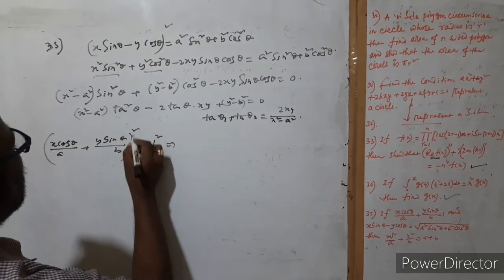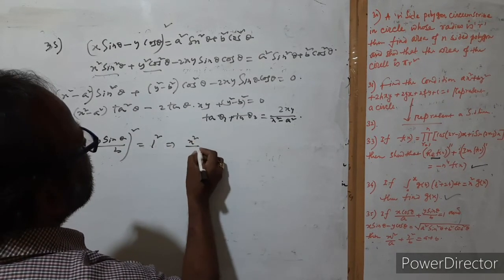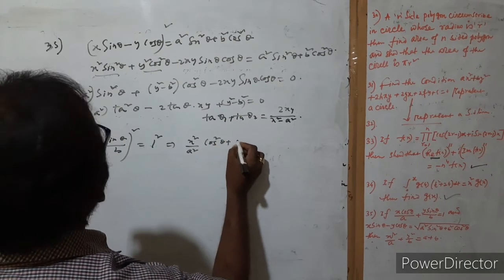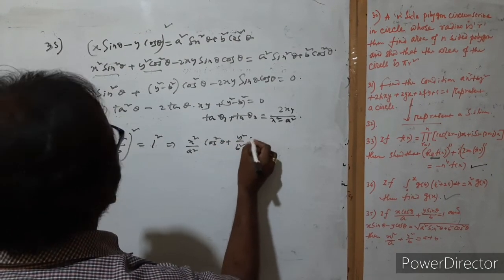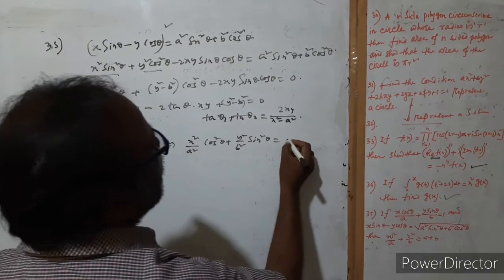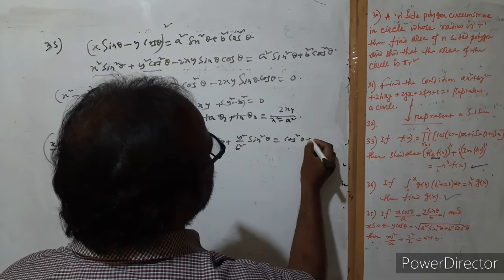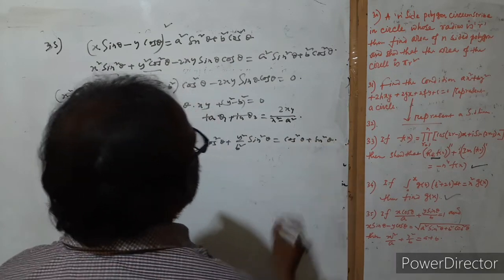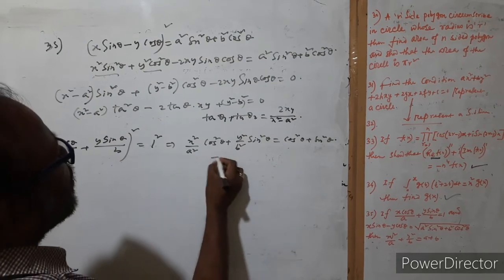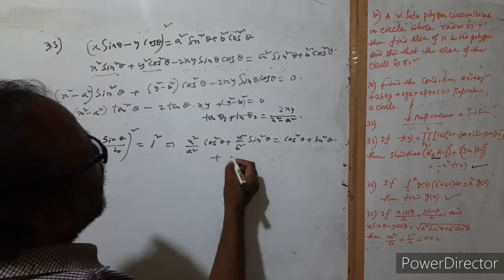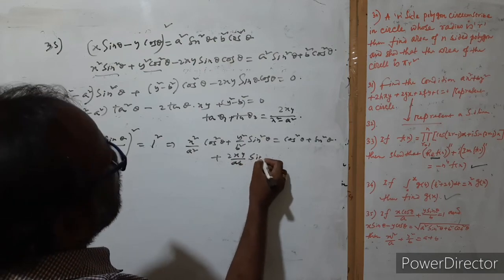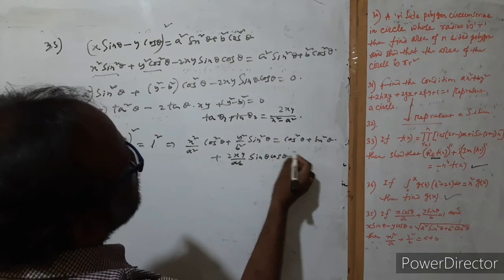Okay, so x square by a square cos square theta plus y square by b square sin square theta, so 1 square, and this is cos square theta, and this is sin square theta, and this is plus twice xy by ab sin theta and cos theta.